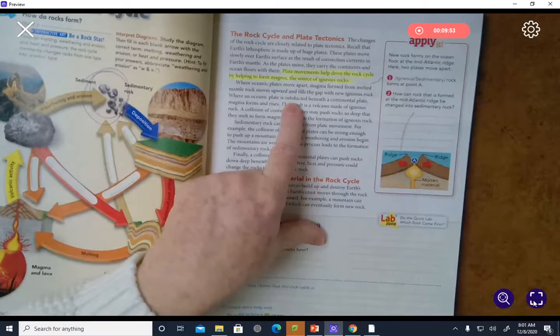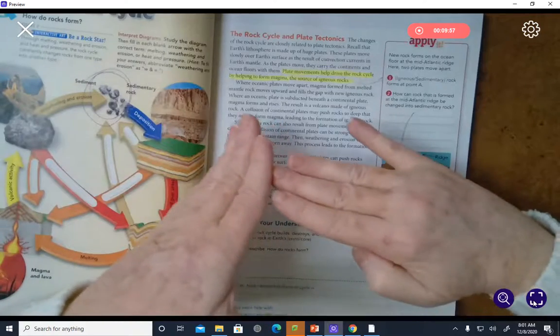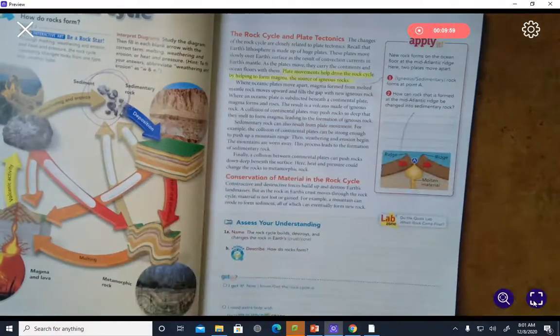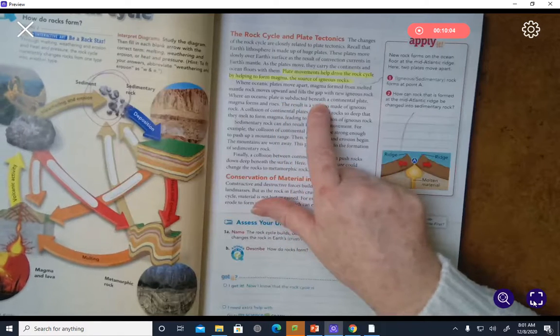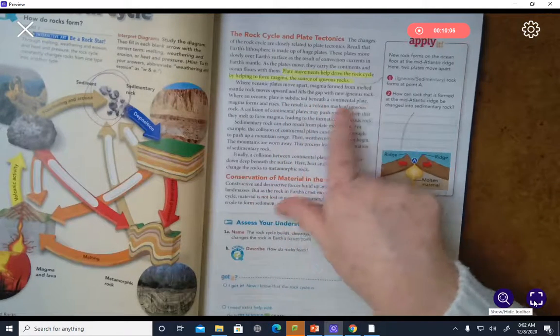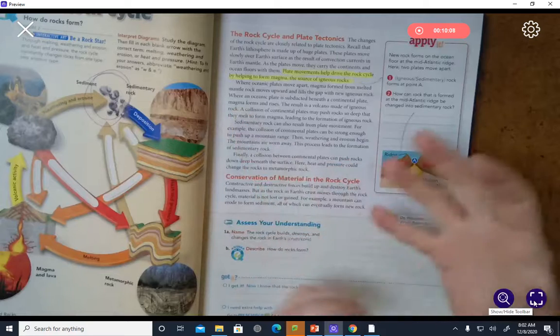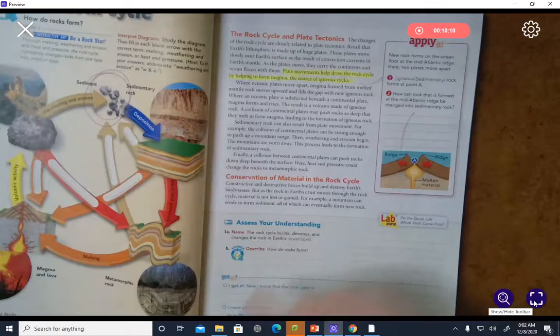Sub. Where are subs? Okay, it means like when one continental plate is pushed under the other. When a plate is subducted beneath, there we go, context clues, a continental plate, magma forms and rises. The result is a volcano made of igneous rock.